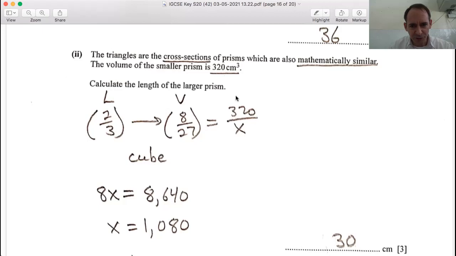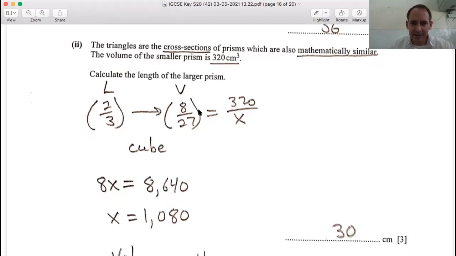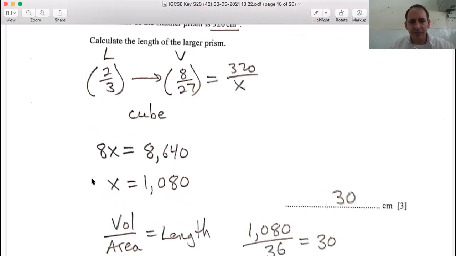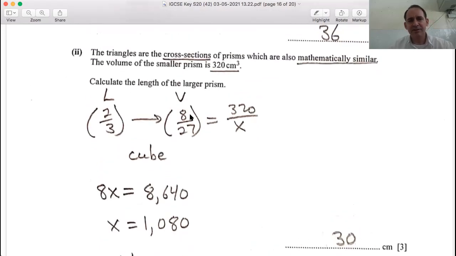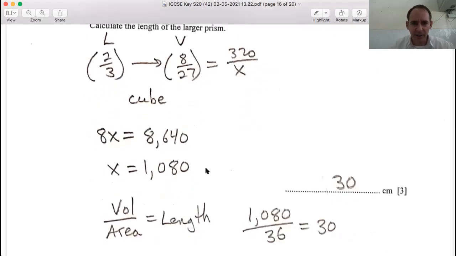Set that equal to a fraction with the volume of the smaller prism going on top, the 320, and the larger one going on the bottom. Again, cross multiply. The volume of the larger prism is 1080. That is not our answer. It is not asking for the volume of the larger one.